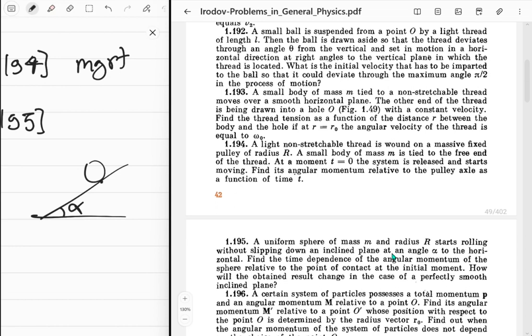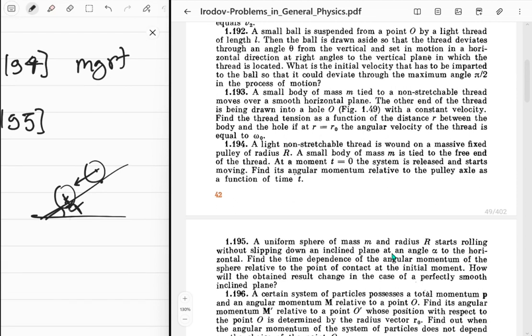Wait, what? I mean, okay, the friction force does not create any angular momentum in the first place, because it's directed along this line, so it can't do anything. You got mg sine theta like that. You also got mg cosine theta, which might play a role. No, it doesn't. The normal force just cancels that. So if this guy comes over here, you got mg sine theta in this direction, normal in this direction.